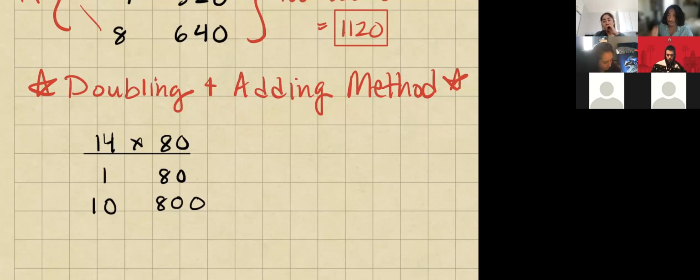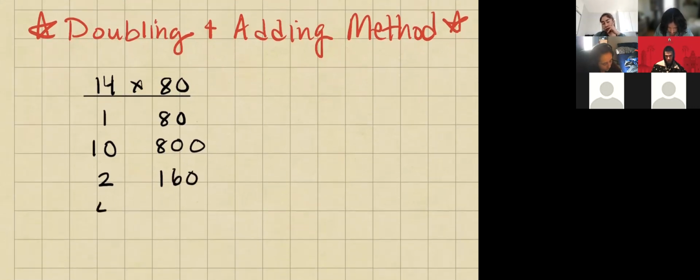So let's go down to 2, because if we went to 20, what's the problem with that? Too much, right? So rather than go to 20, let's go back down to 2. And so 80 doubled is 160.